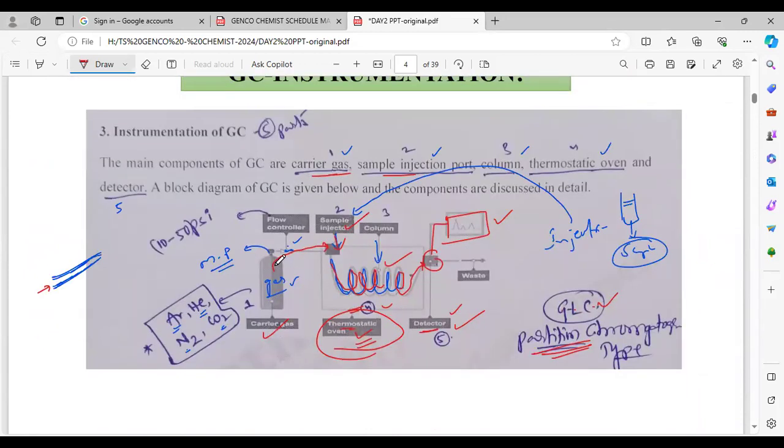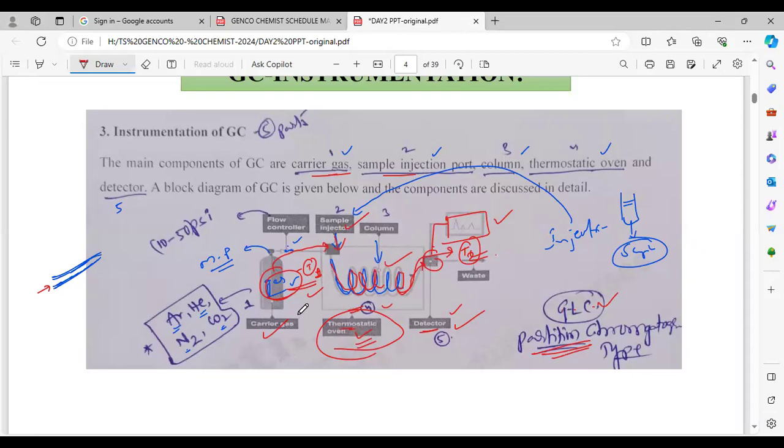Carrier gas. Suppose this carrier gas is here, right? Here this carrier gas will have some temperature T1. It will be at least 25 degrees, right? And when it is coming out from this, there is some temperature T2. T1 temperature and T2 temperature. The T1 temperature of the carrier gas before entering the column, you already know.